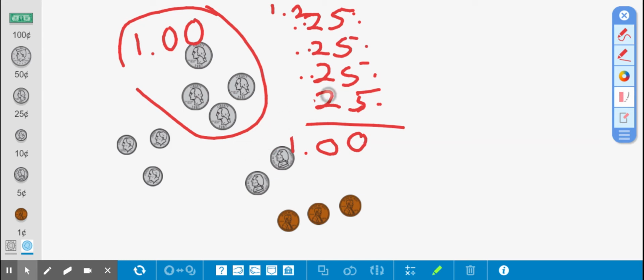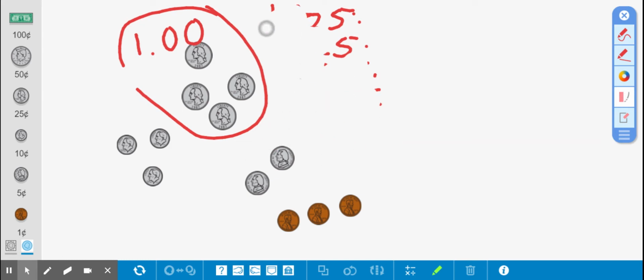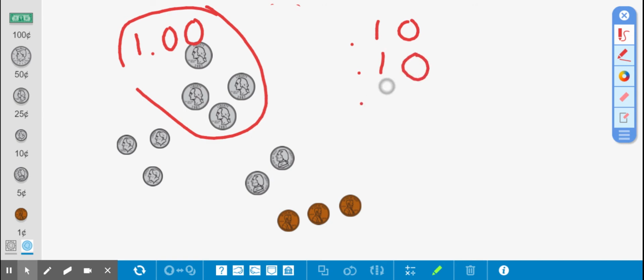Okay, let's focus on the next sized denomination, which is the dime. Now we've got 3 dimes, 1, 2, 3. Okay, so we're going to take a dime, 0.10, another dime, 0.10, another dime, 0.10. That's going to give us 0, 0, 0, which is 0, and 1 plus 1 plus 1 is 3. Bringing my decimal point down.